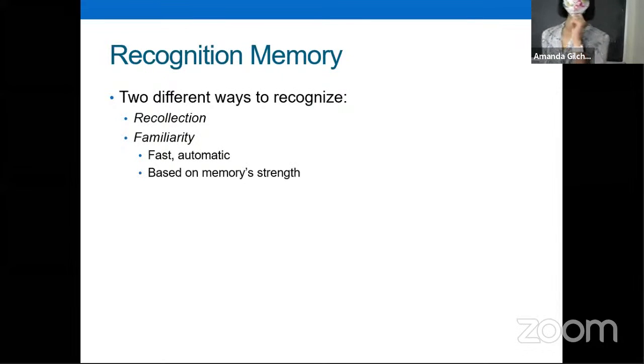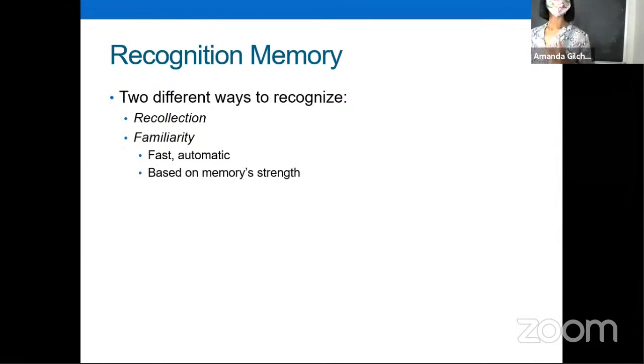As I kind of mentioned with recognition, there are 2 different ways that we can recognize these. A lot of this comes from work by Larry Jacoby. Larry Jacoby is the person who's done a lot of work on recognition.